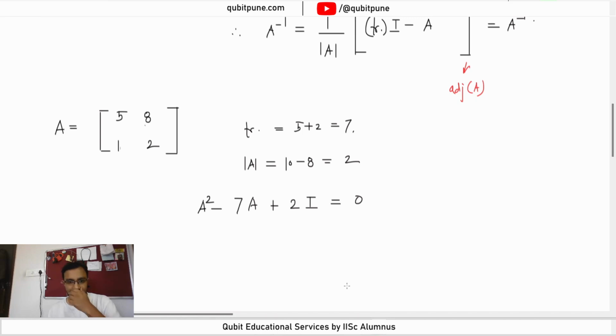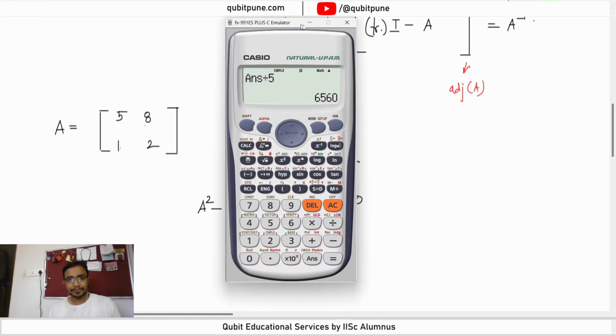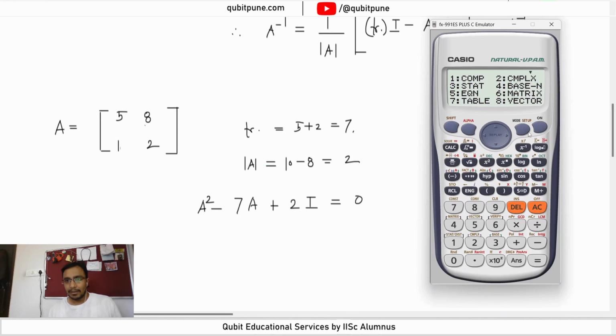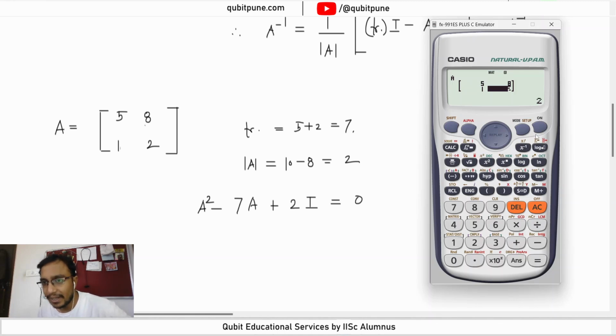Let us see using a calculator if it indeed does that. Let me change the mode to matrix mode. Matrix A 2 by 2: 5, 8, 1, 2. Now what I'll do is I will just do A squared minus 7A. If I get negative 2 I, the theorem will get verified.